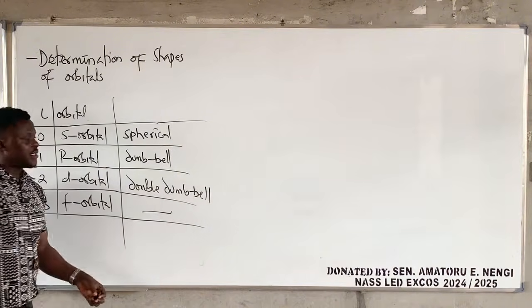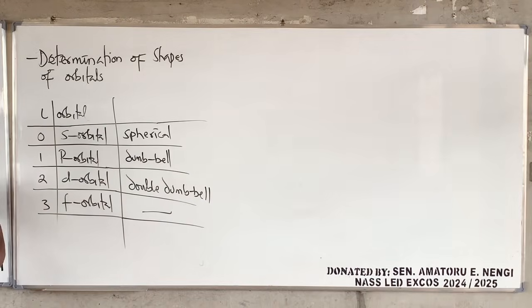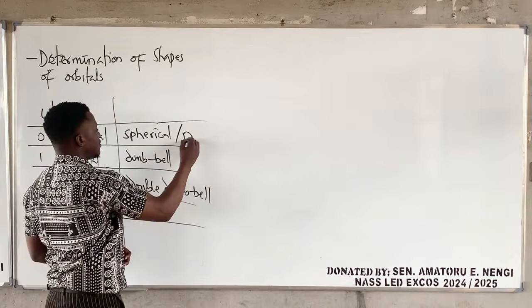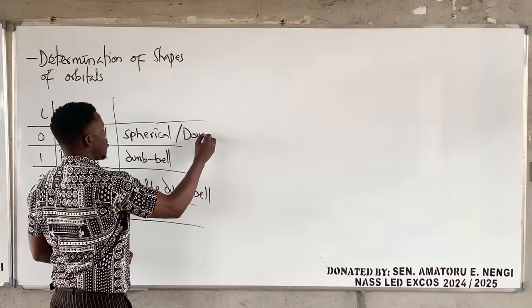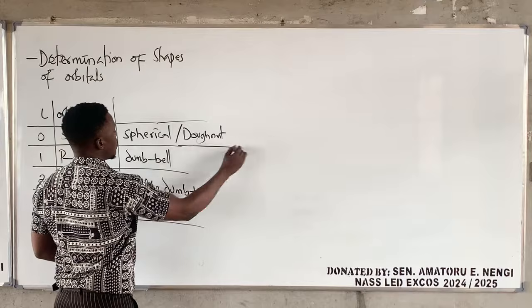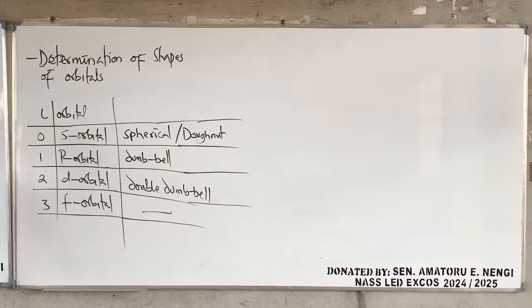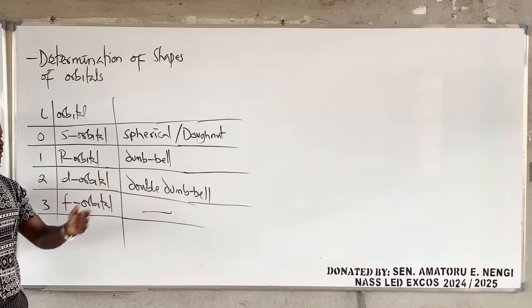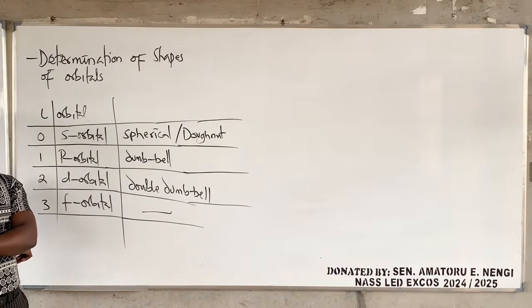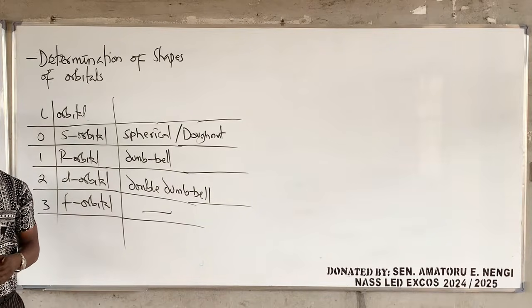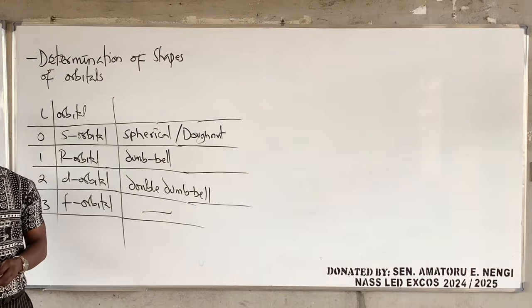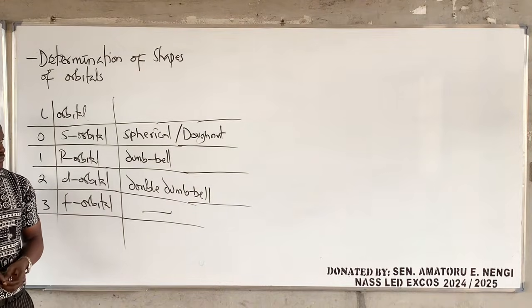The f orbital doesn't really have a shape like that; it's a bit complex. So s orbital is spherical, p orbital is dumbbell, d orbital is double dumbbell. So just take note of that. I'm just trying to give you a heads up on how questions can be asked.